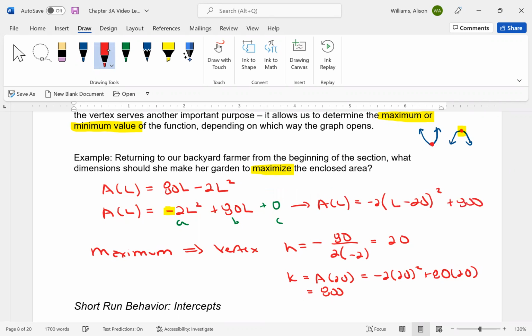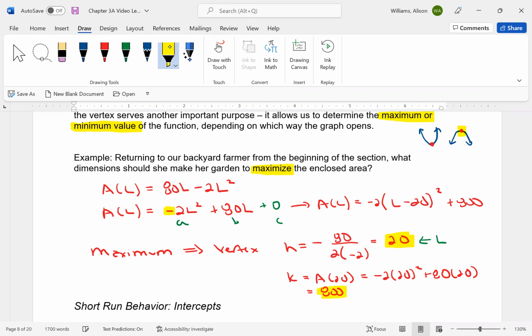Okay, so here's what's exciting about this. This 20 is the value that L is going to be. That's my L value, the length that's going to give me the largest maximized area. And the actual largest area is, in fact, 800.